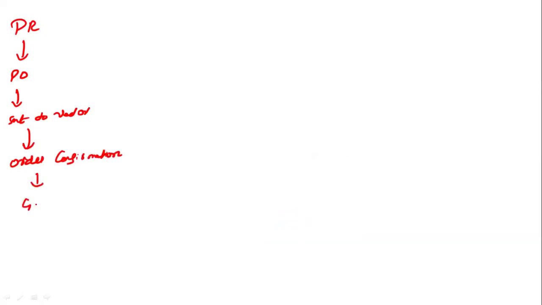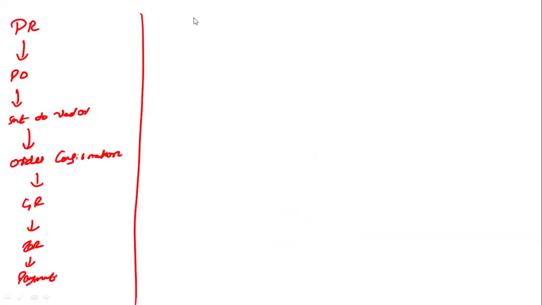So you raise a PR, that is converted to PO, sent to vendor. You receive the order confirmation, you receive the goods, invoice is posted, and the payment is done. This is normal procurement.